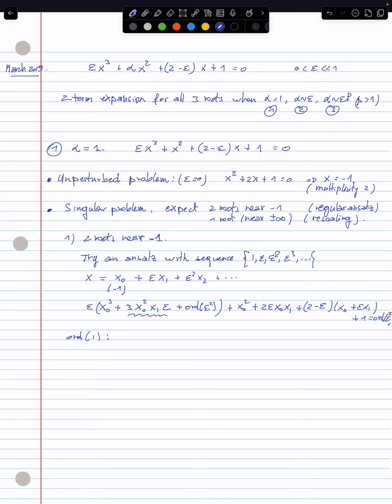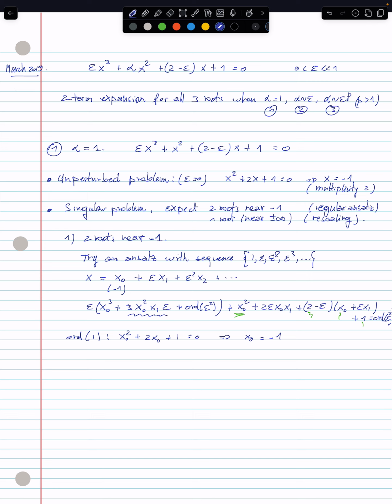At leading order, which is order 1, we have x squared, we have 2x0, and we have 1. So let's write this clearly here: x0 squared plus 2x0 plus 1 is equal to 0. And the solution, of course, of this is x0 equal to minus 1.